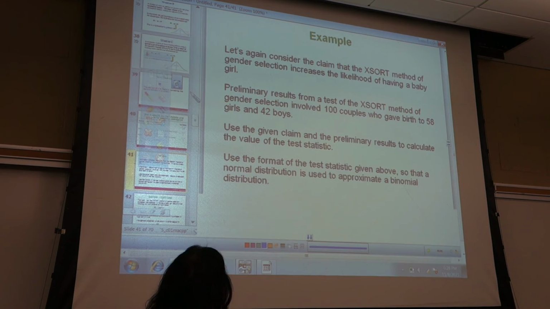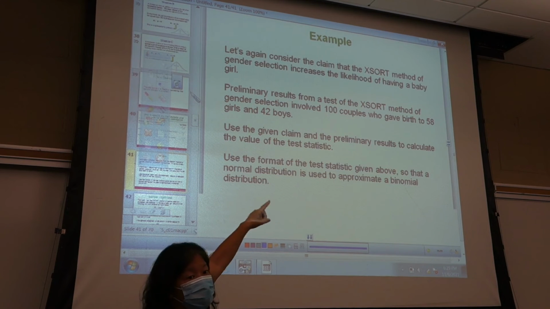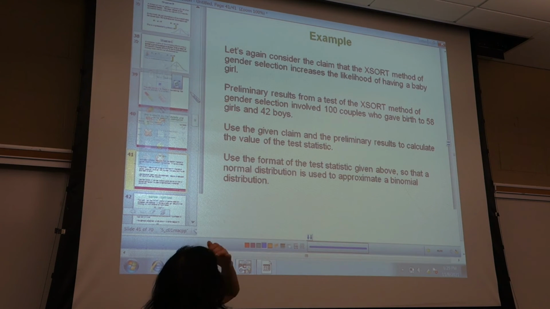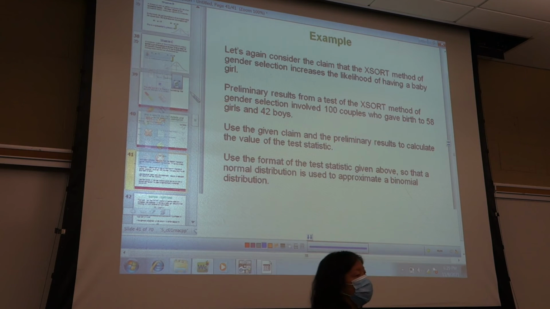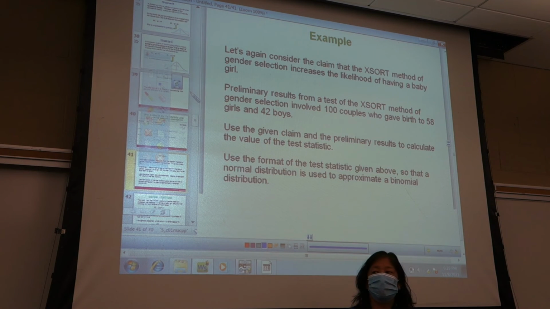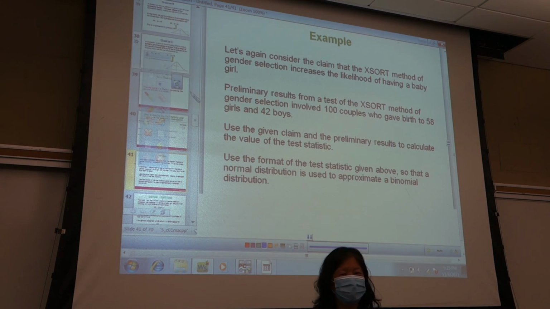It's a proportion. How do you know it's a proportion? Do you see the word mean in there? Or standard deviation or average? No, it's a proportion. That's how you know. So we're claiming that the proportion P is greater than what? 0.5.